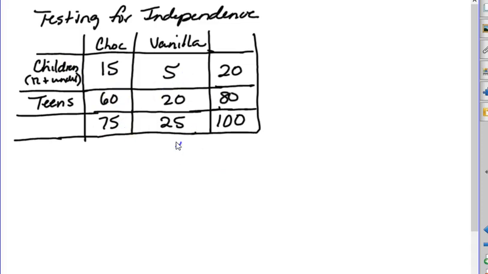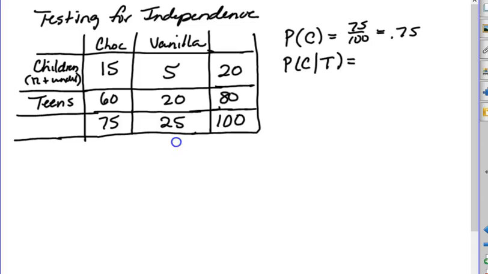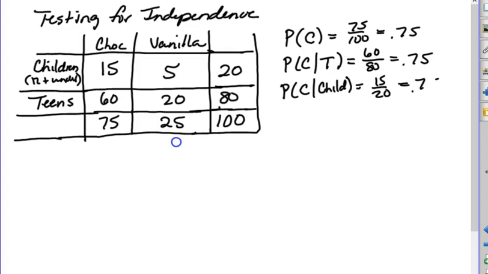So the probability that you prefer chocolate is 75 over 100, which is 0.75. The probability that you prefer chocolate, given that you're a teenager, is 60 over 80, which is also 0.75. The probability that you prefer chocolate, given that you're a child, is 15 over 20, which is also 0.75.